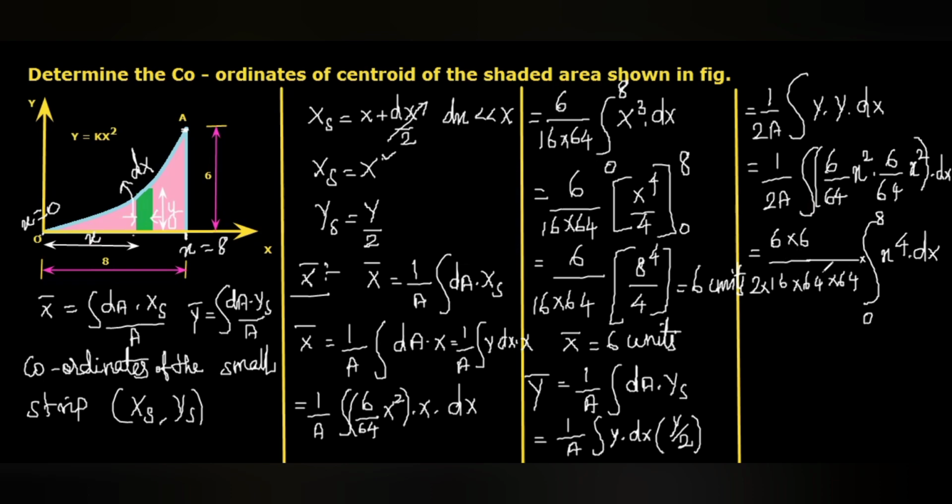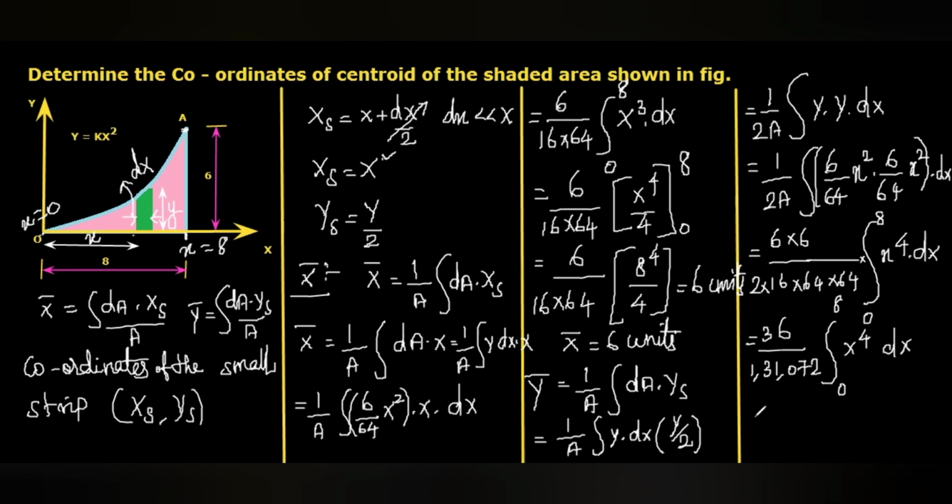By simplifying this, we will get the numerator 36 divided by the denominator 131,072. Then this integral of 0 to 8 x power 4 dx. Same x power n formula, integral of x power n dx will be x power n plus 1 divided by n plus 1.